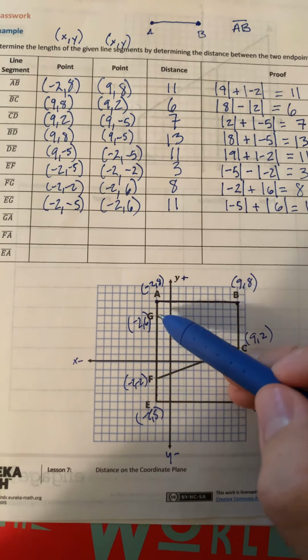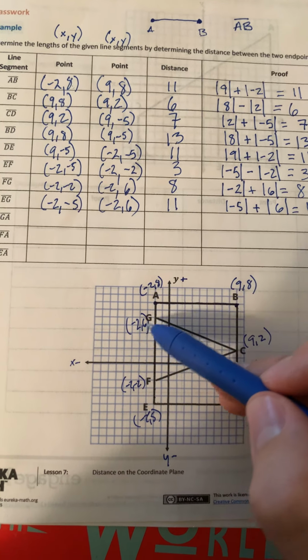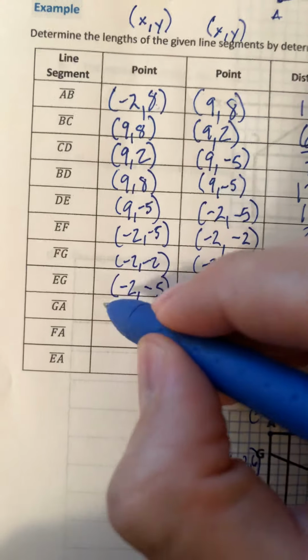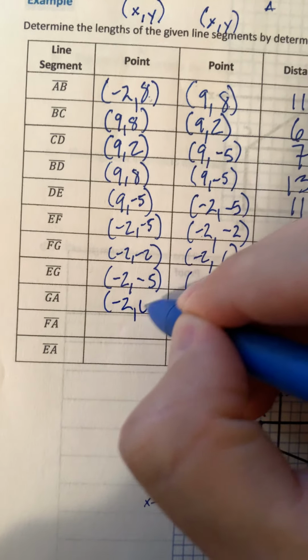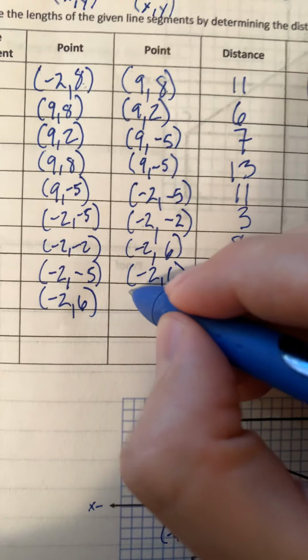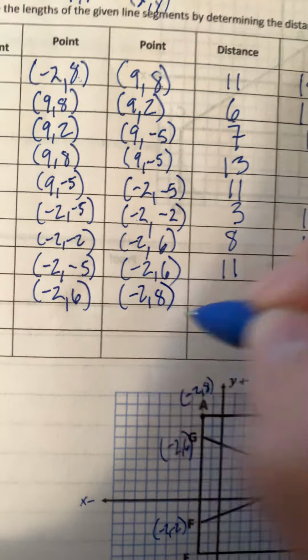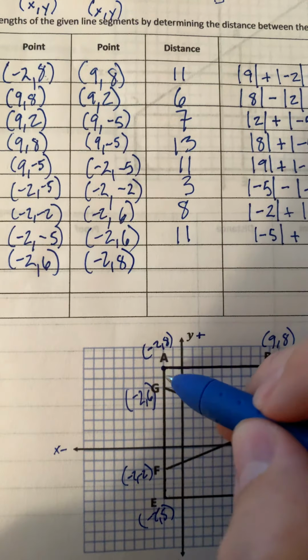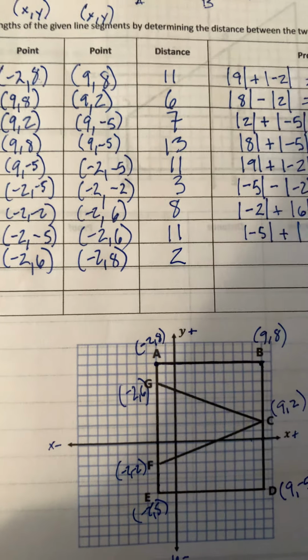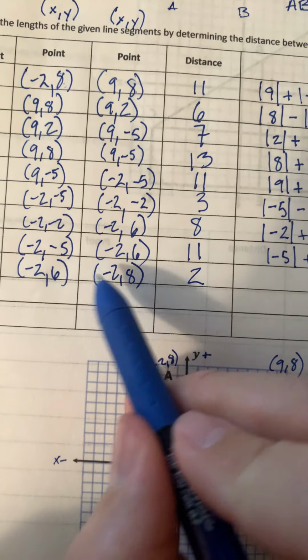Now it wants us to focus from G to A. The point G is -2, +6. And then point A is -2, 8. Okay, and let's count the distance from G to A. 1, 2. That was easy. The x's stay the same.